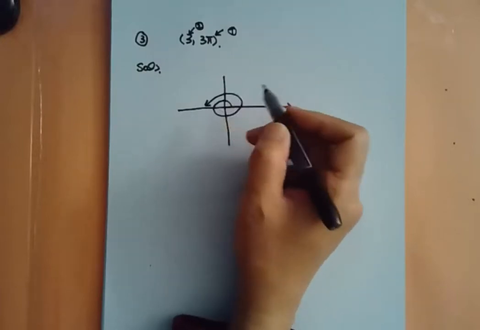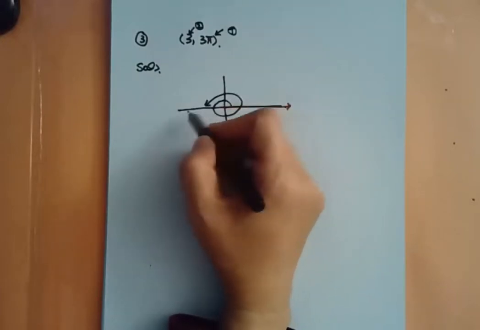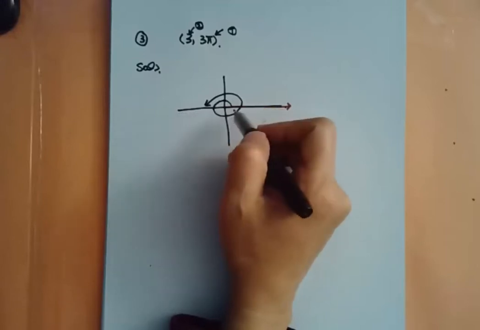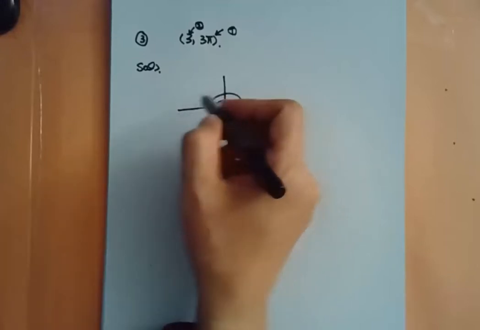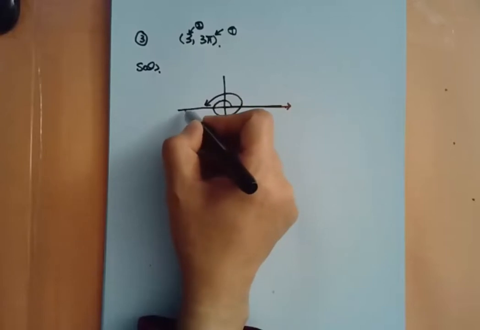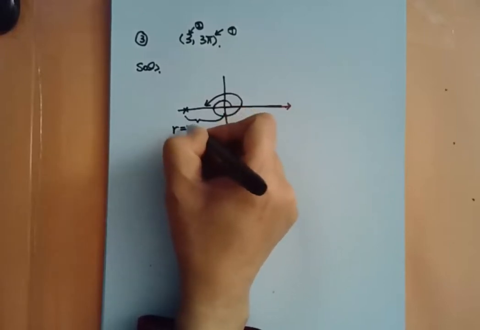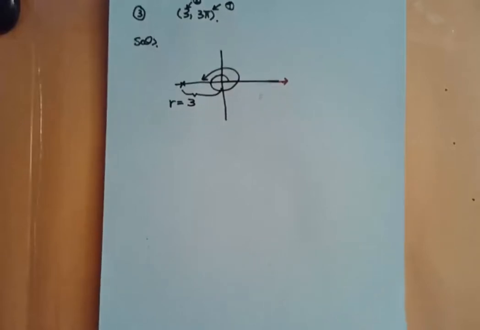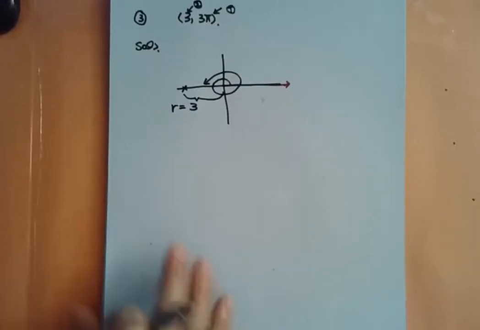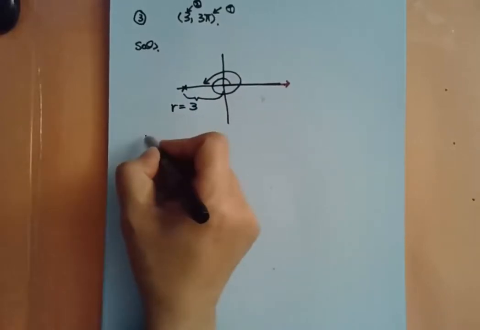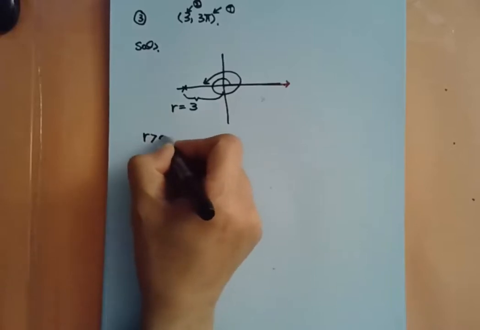So that is identified with the negative x-axis. And the distance is 3. So we will locate that here. And this is 3, r equals 3. So that is the location of the point.